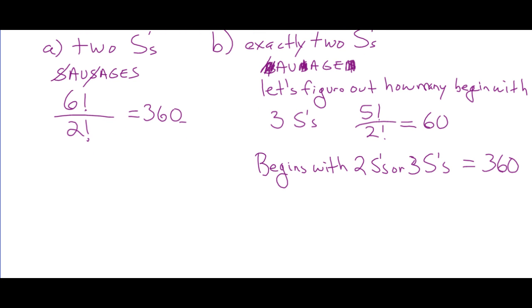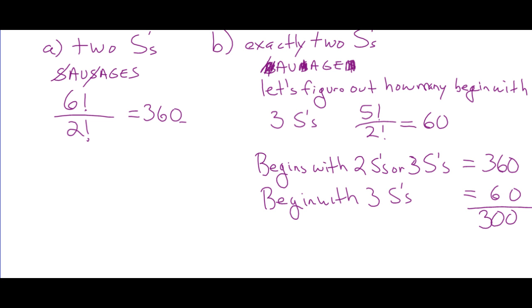Okay, so that's part A. Begins with 2 S's, but it could begin with 3 S's. This begins with 3 S's. Is 60. So there are 300 that begin with exactly 2 S's.